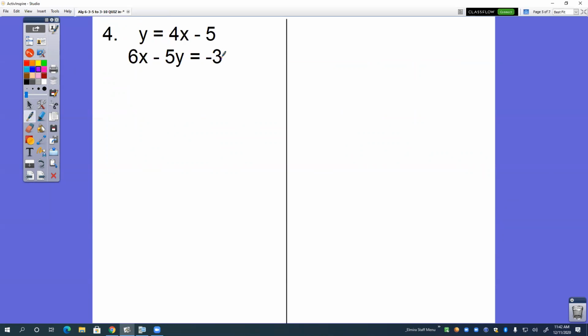Again, the first thing that you want to do is take that second equation and rearrange for y equals. You will have some decimals when you rearrange it. That's fine.